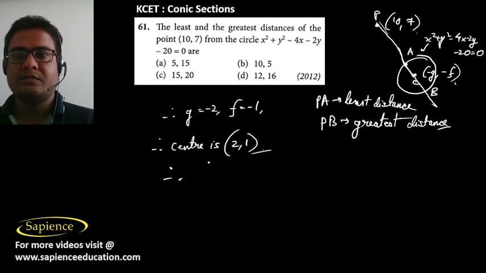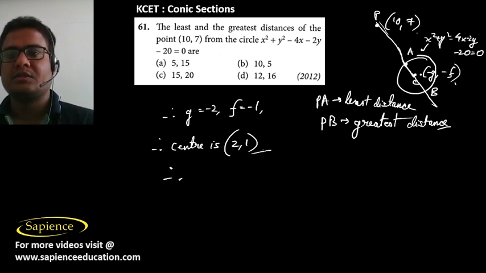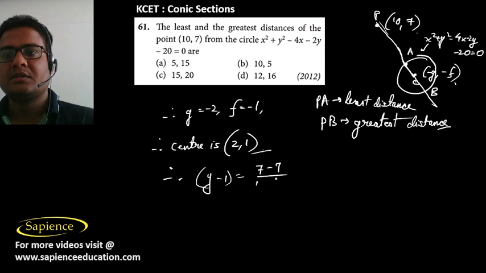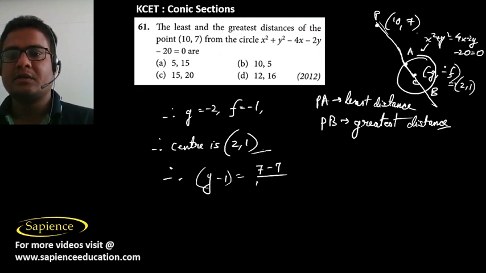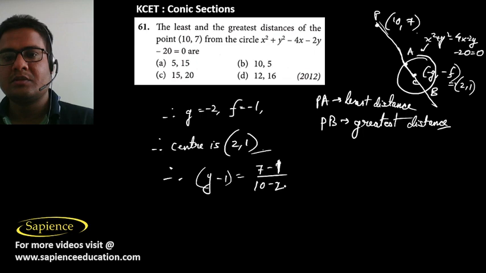So therefore we can find the equation of this straight line. That will be y minus 1 is equal to m, that is 7 minus 1 by 10 minus 2, into x minus 2.